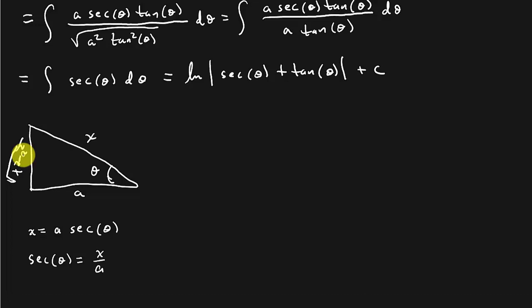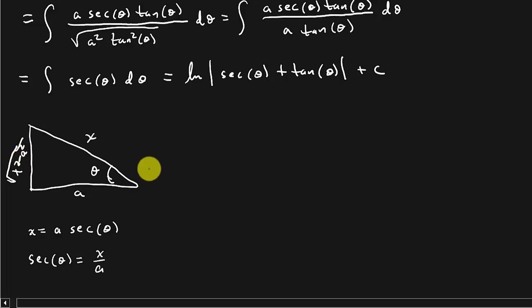All right, so now let's see what we've got here. Well, the first one, that's easy. Secant theta, we already got that. That's x over a. Now we need tangent theta. Well, tangent is opposite over adjacent.